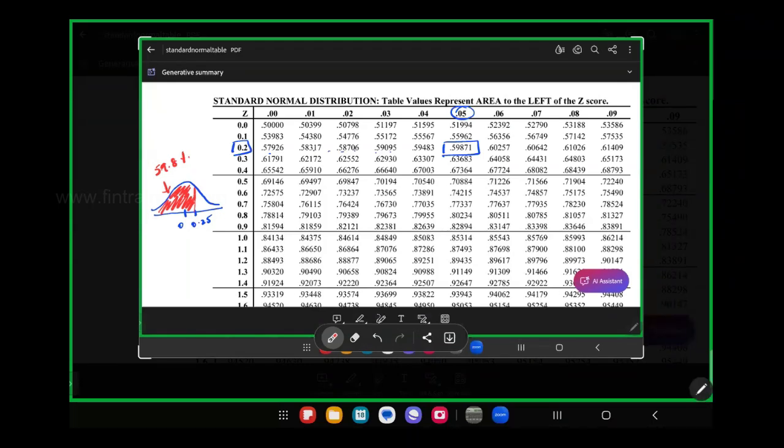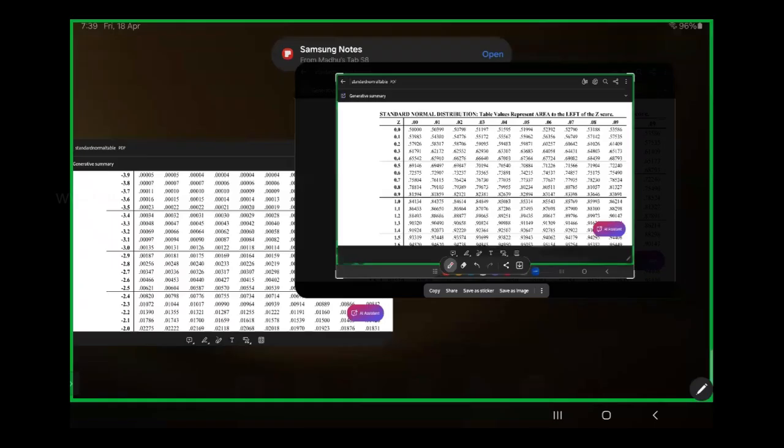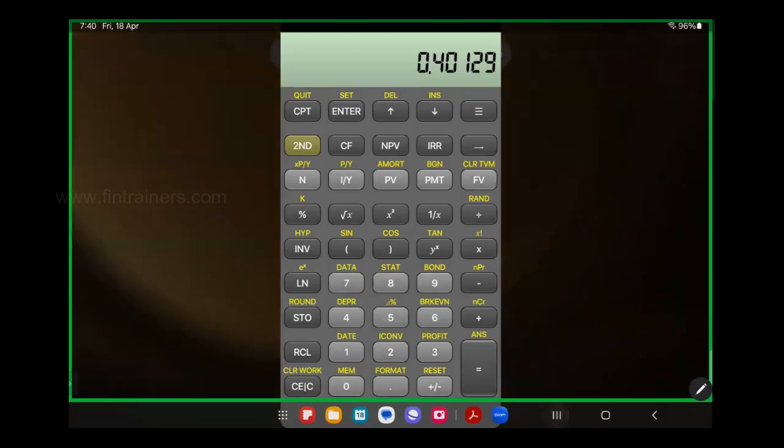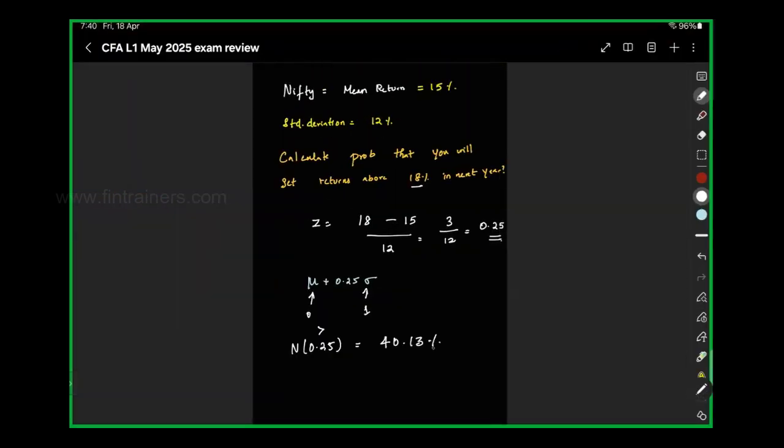So we can subtract 1 minus the left side area, 0.59871, and that should be something like 0.4. That's 0.40129.